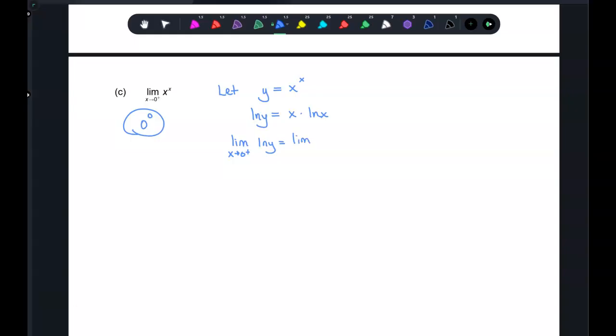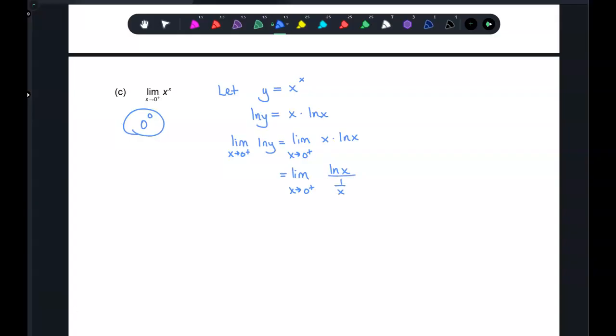So now we evaluate this. That's going to be 0 times, technically, a negative infinity, so it's still a version of infinity. So how can I rewrite this? That's 0 times infinity: ln of x over 1 over x.